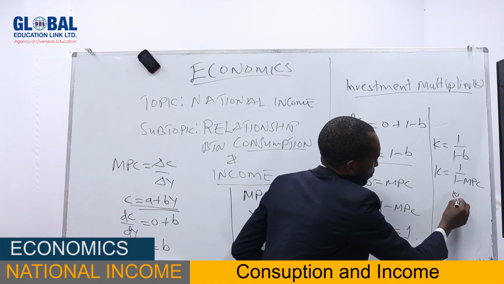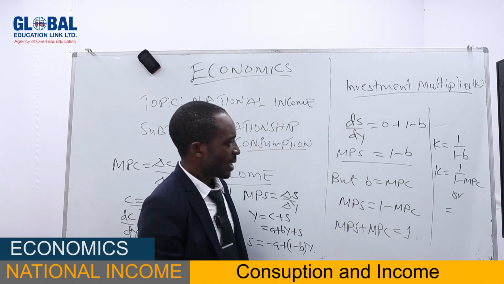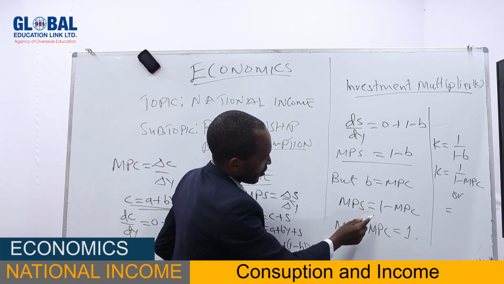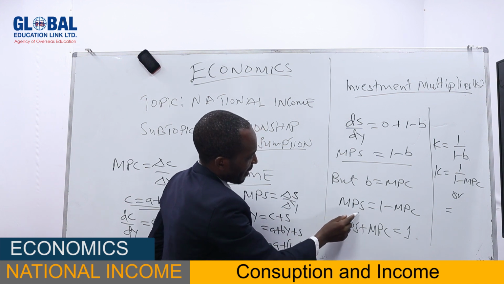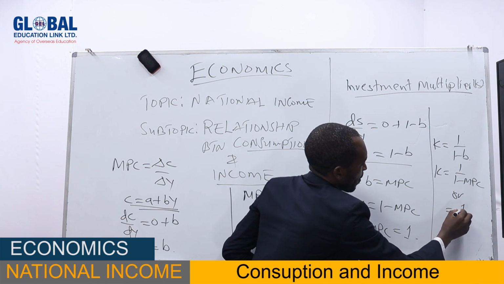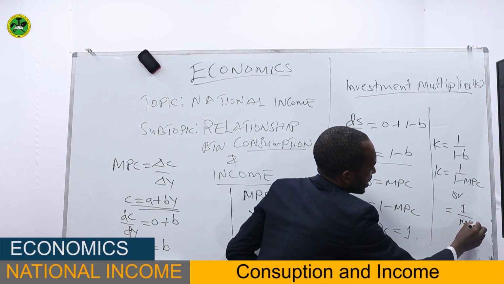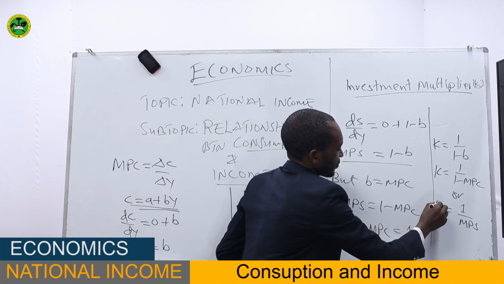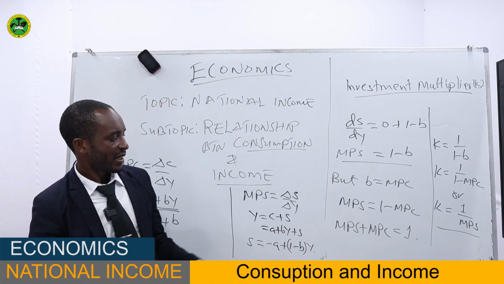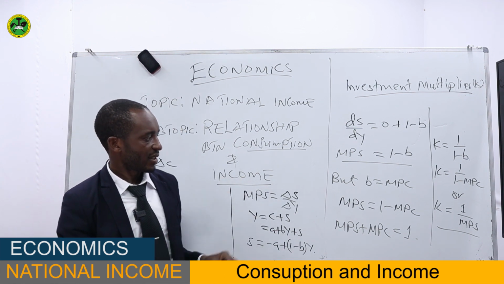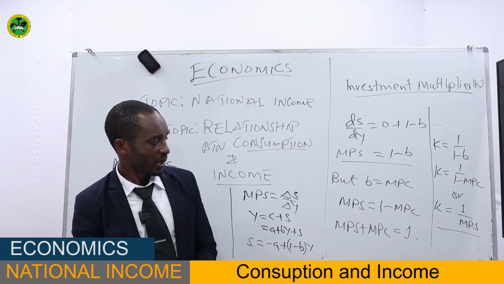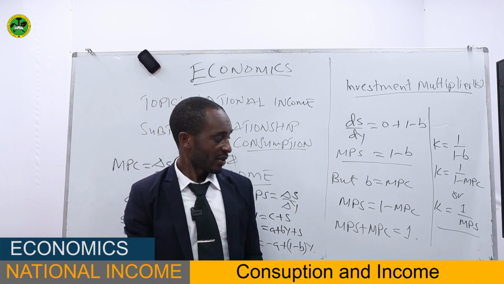Or, you know 1 minus MPC, we said, is the same as MPS. So the investment multiplier will be 1 over MPS. So all these are very important in doing analysis of information relating to national income or income data figures.